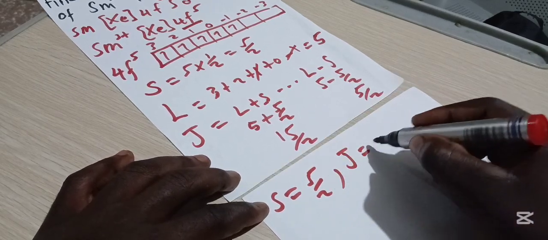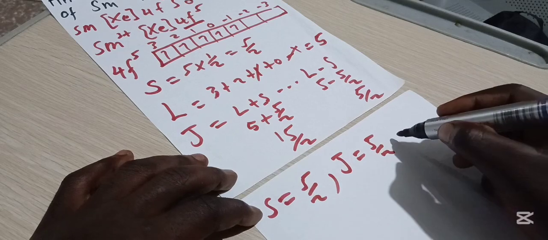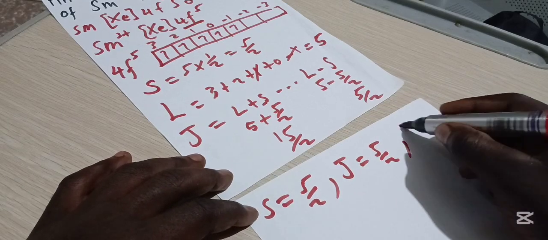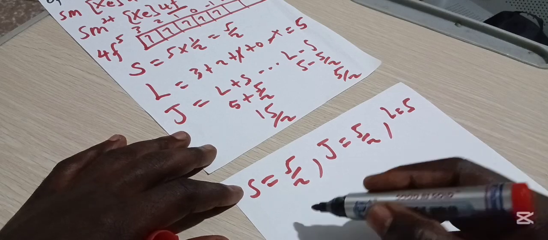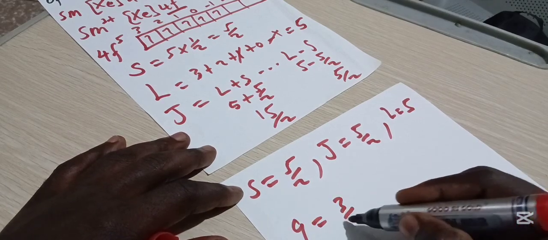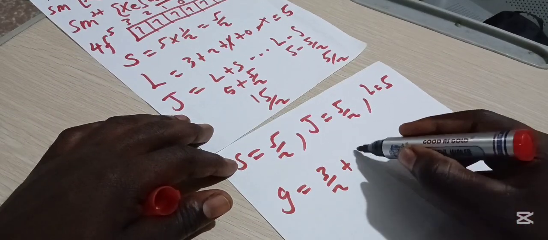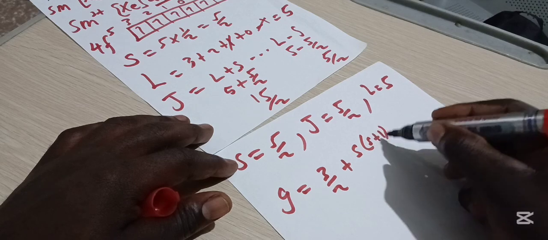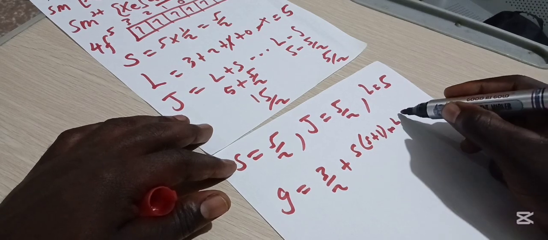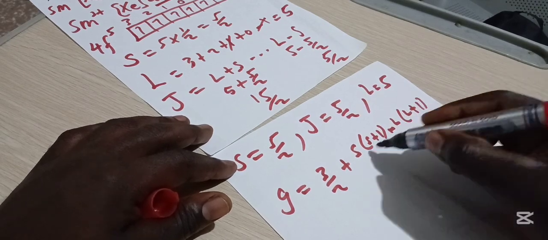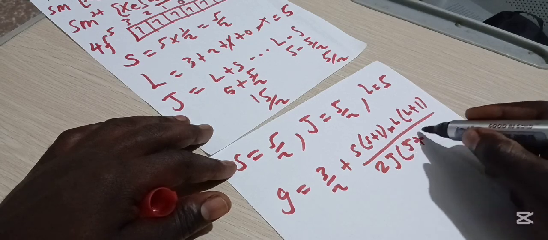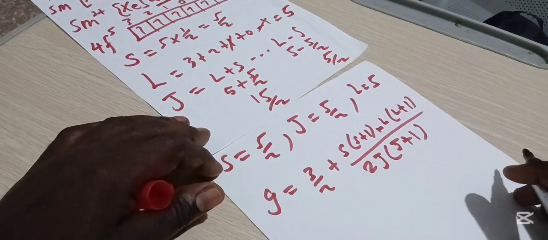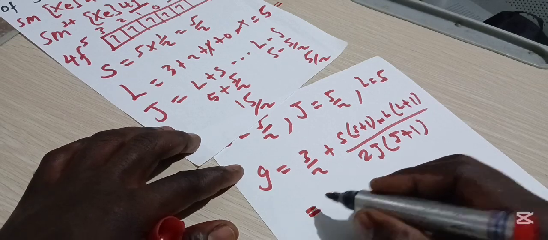So now that we know our S is 5 on 2, our J is also 5 on 2, and our L is 5, we can go ahead and calculate our g. Our g equals 3 on 2 plus S into bracket S plus 1 minus L into bracket L plus 1, all over 2J into bracket J plus 1. So now let's substitute the values in.